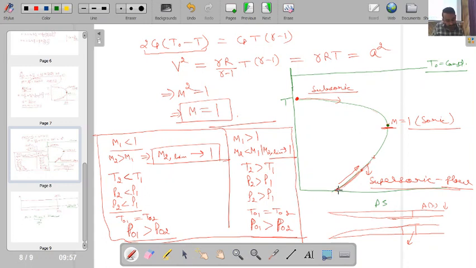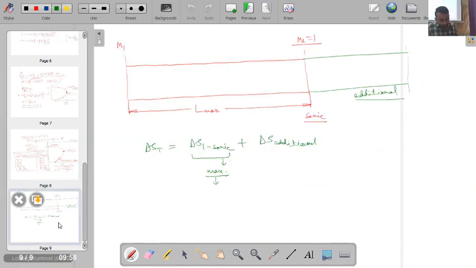Here also, if I start at this point, I will go up to maximum entropy, and then if I have to follow the curve on the subsonic side, I have to move along the path of decreasing entropy. Now it means that if I have to follow the same curve after reaching the maximum condition, this delta S additional has to be negative. Then only I can follow that particular curve.